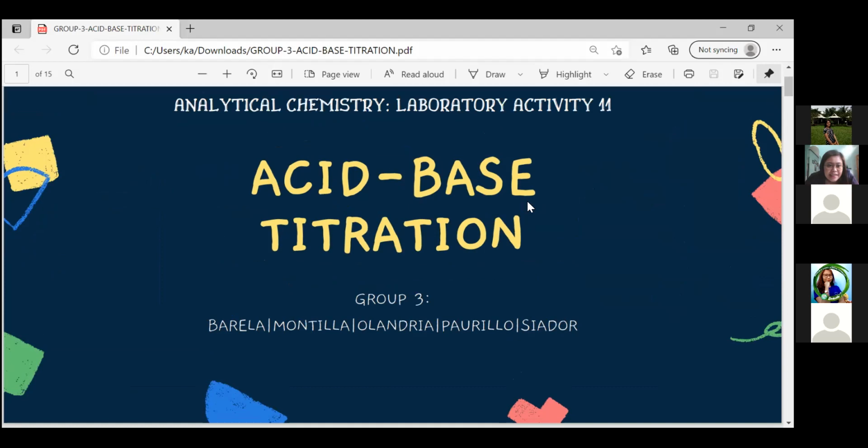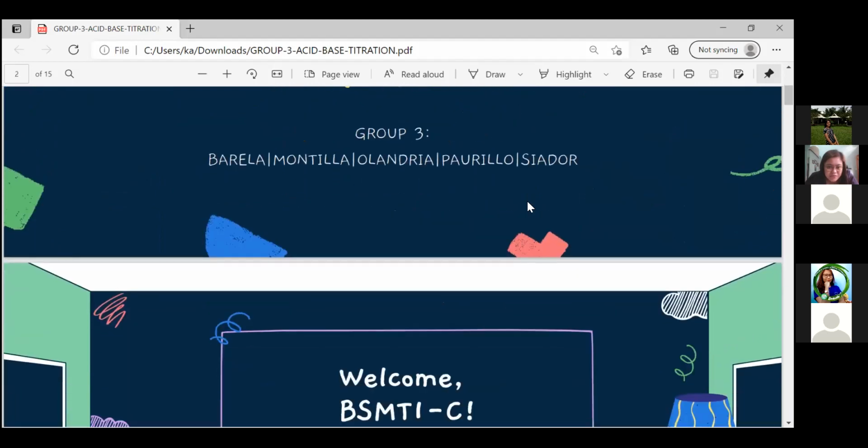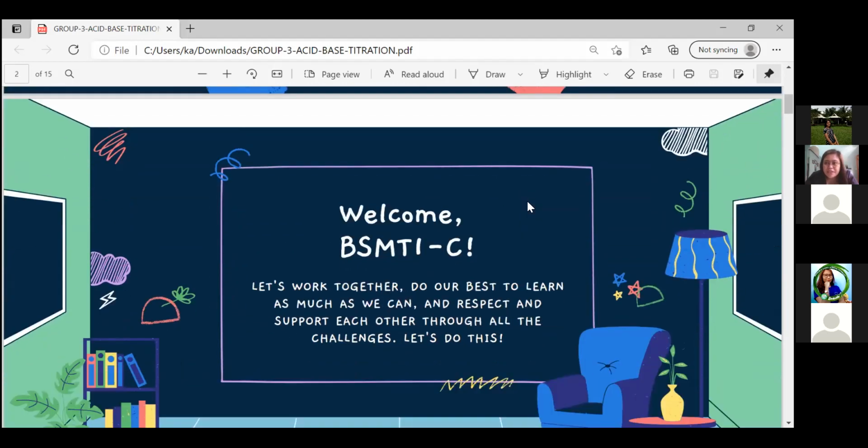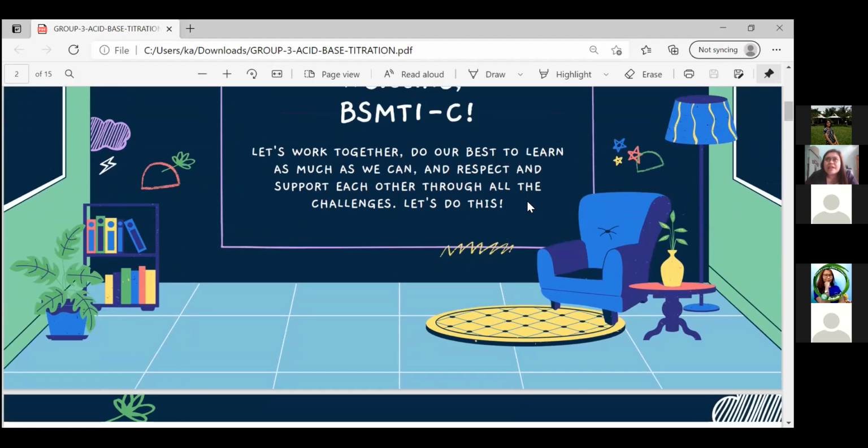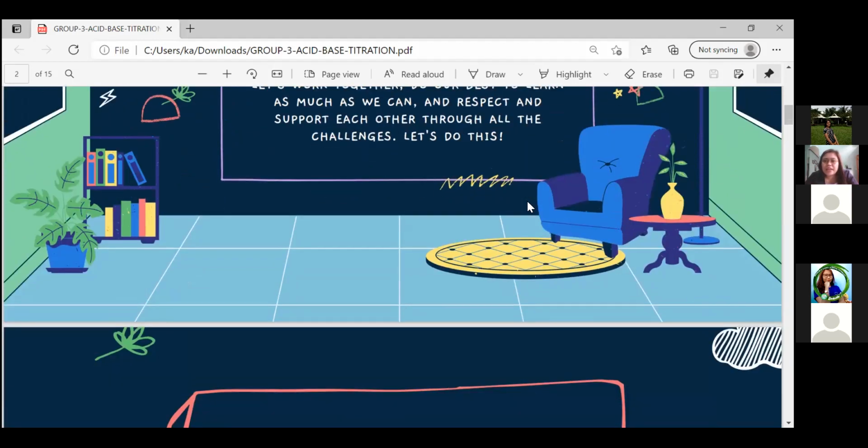So, again, this one is activity number 11, acid-base titration class. In the procedure, as you can see, our sample there is sodium bicarbonate. I just forgot kasi na when we did the experiment, we used a tablet. Dili siya pure na sodium bicarb.